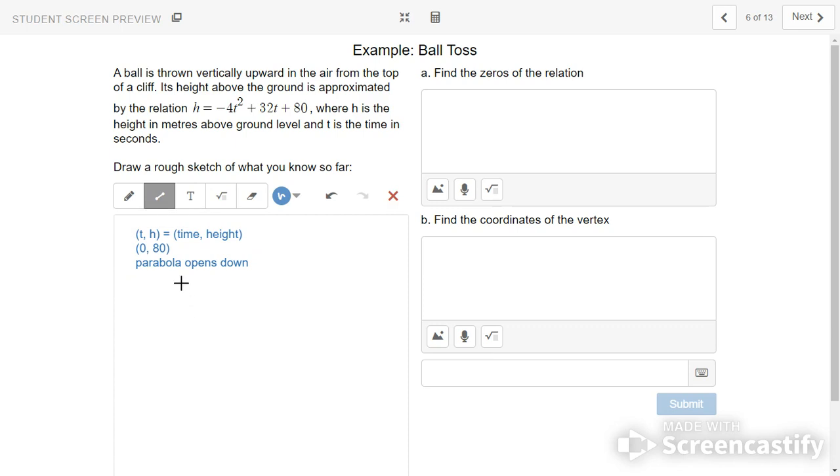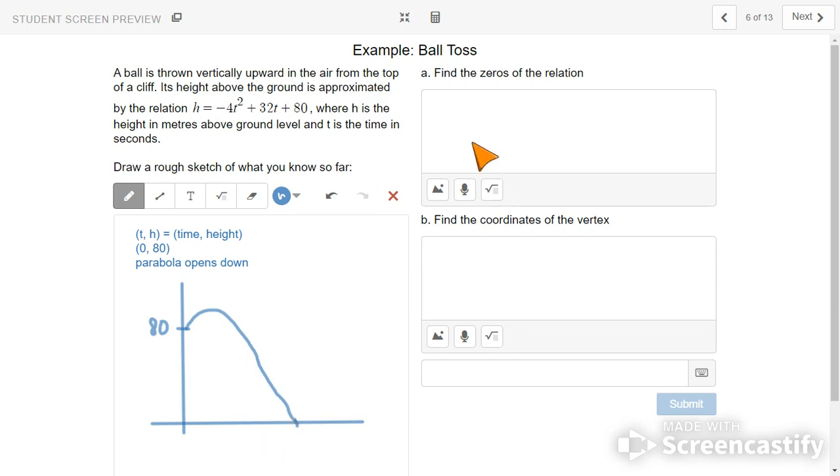Let's draw a quick sketch of this. So at 80, the ball starts to be thrown. It's going to probably go up and then land somewhere on the ground.